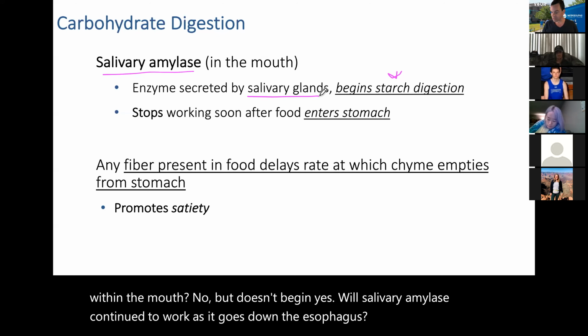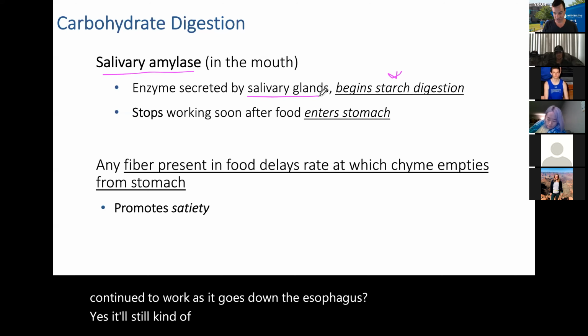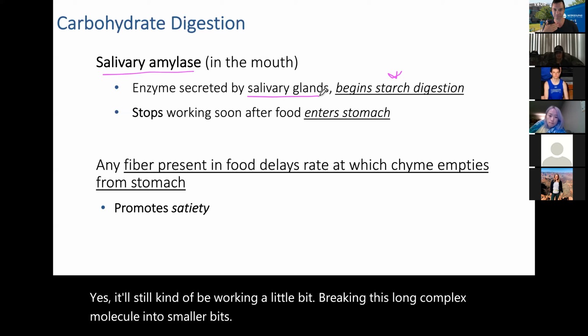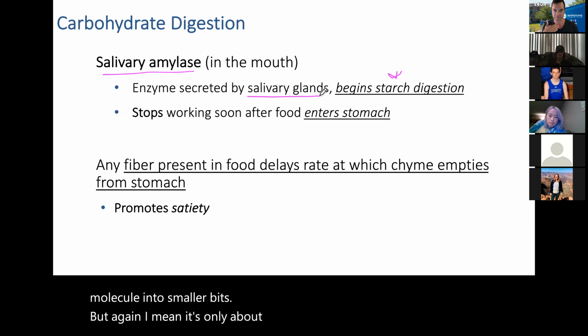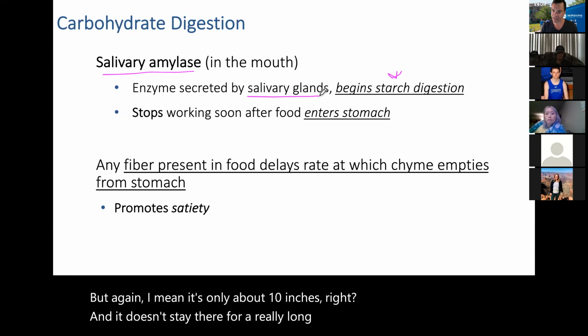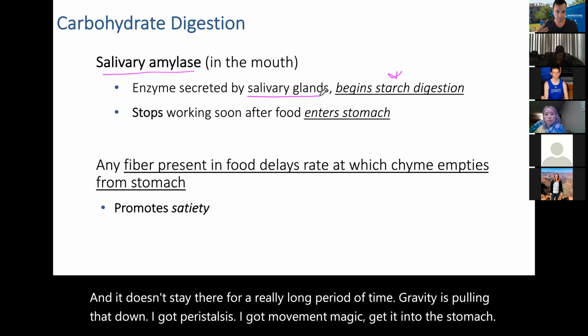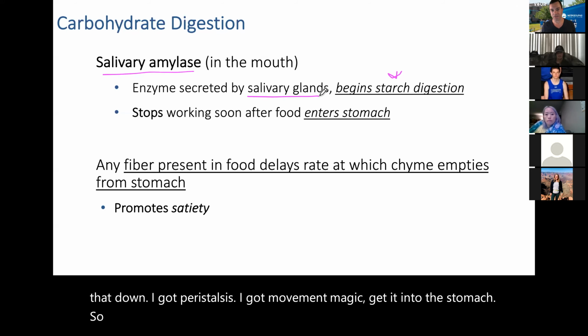Yes, it'll still be working a little bit, breaking this long, complex molecule into smaller bits. But it's only about 10 inches, and it doesn't stay there for a really long period of time. Gravity's pulling that down, I've got peristalsis, I've got movement. Get it into the stomach. So, a few minutes, and now it's in the stomach.